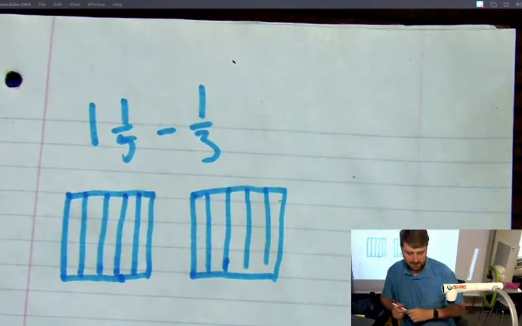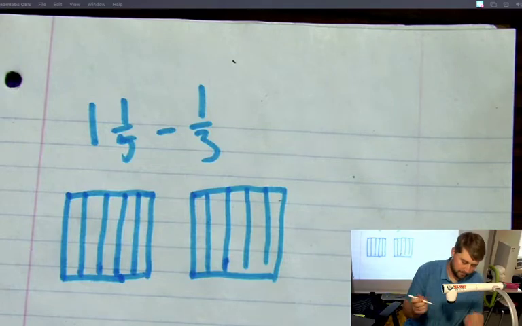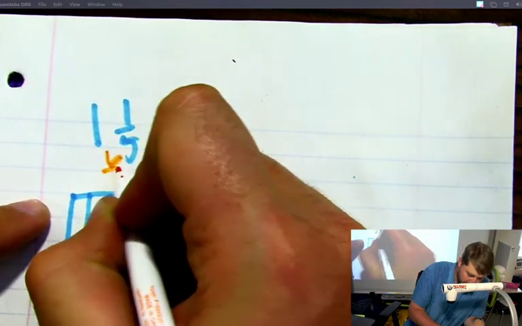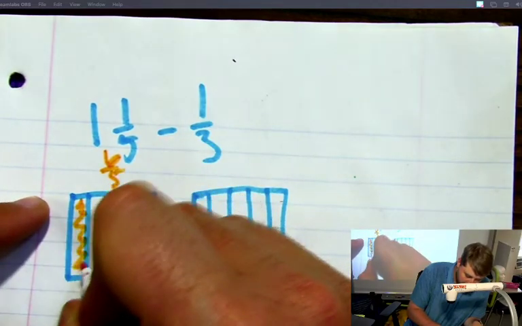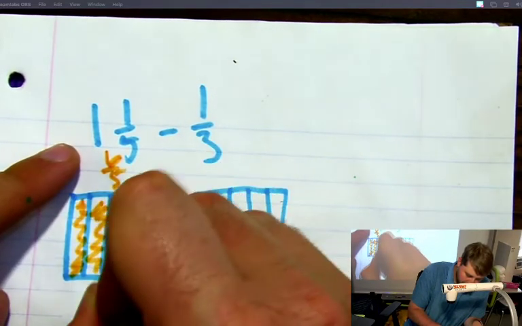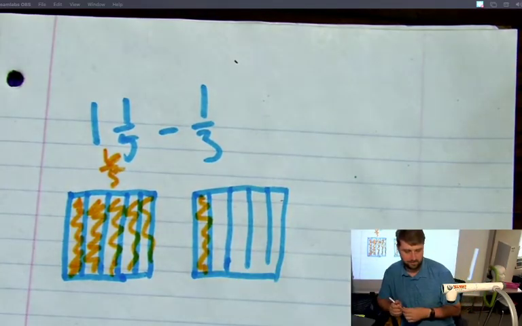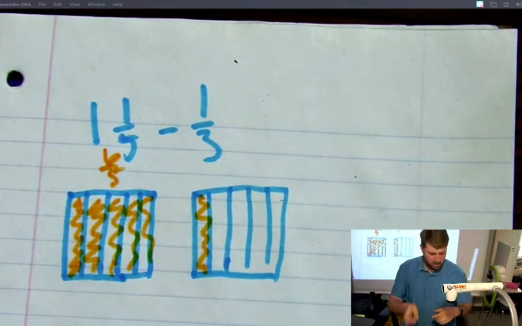And I've cut my left rectangle into fifths as well, and so I know that 1 1/5 is the same thing as 6/5. So we have gone from our mixed number to an improper fraction, and now I've stated it in 6/5.